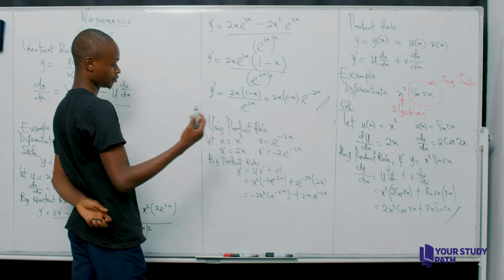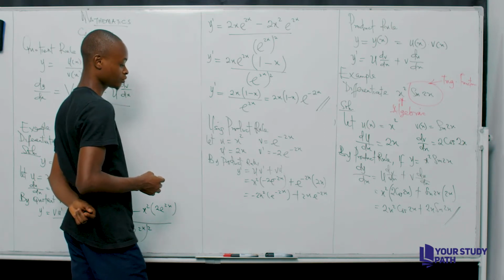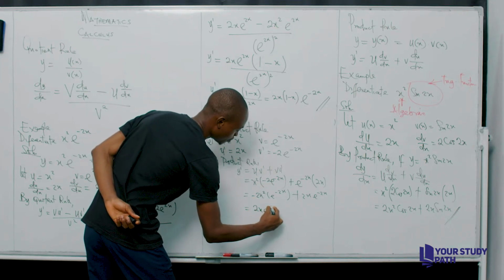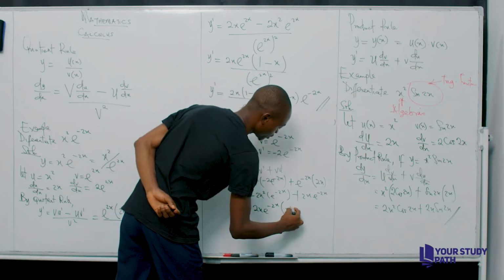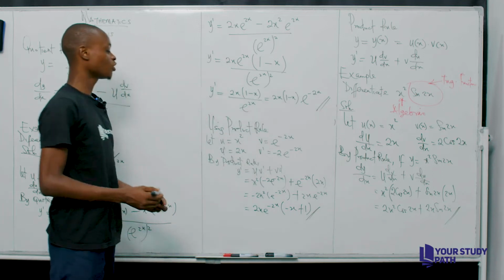And then, you can simply factorize wherever possible. You can bring out 2x e raised to power minus 2x, and then on this side you'll be left with minus x, and on this side you'll be left with plus 1. And that will be all.